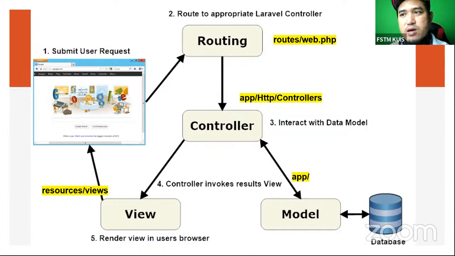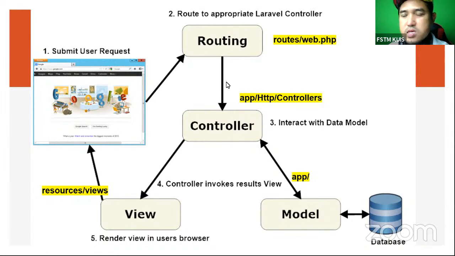Interface might be a form, okay, borang, or result, or admin panel or public interface. So that can be anything on the interface side or on the HTML view. Okay, on the HTML view. So this is what you need to understand more on the MVC.